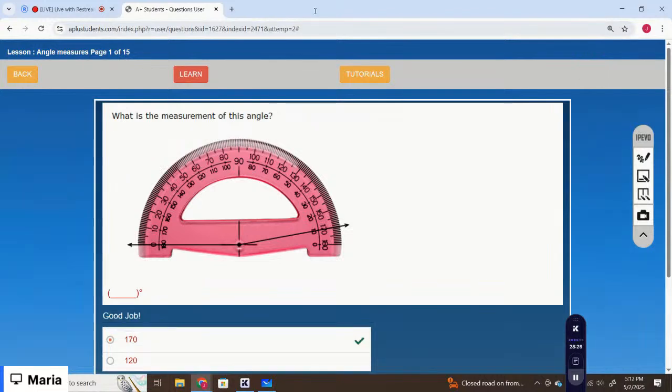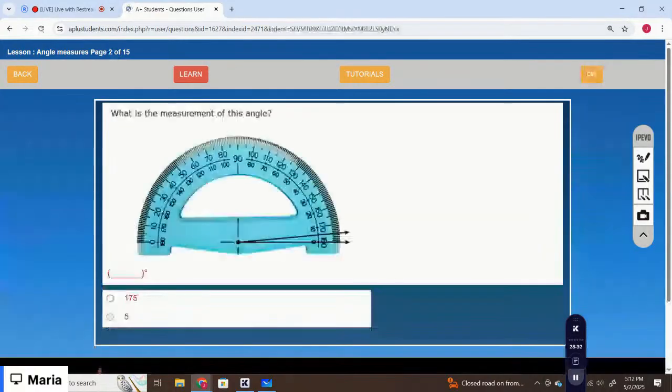Okay, the next one is what is the measurement of the angle? So which is the correct option? 5 degrees. Option number two is the correct option.